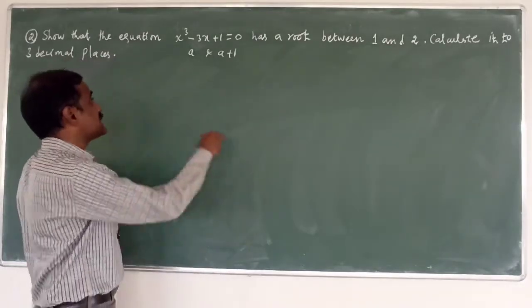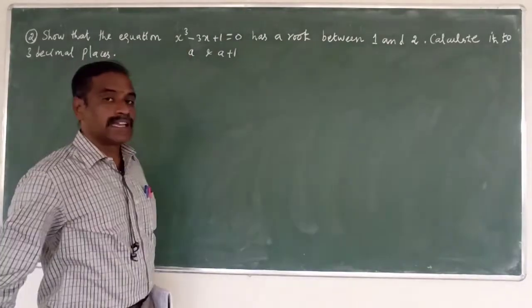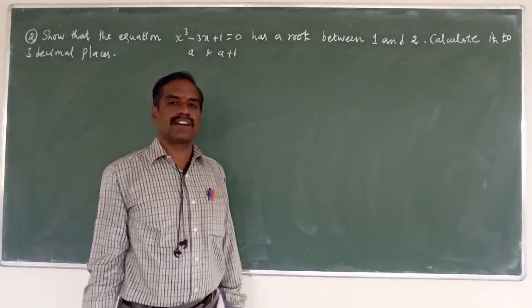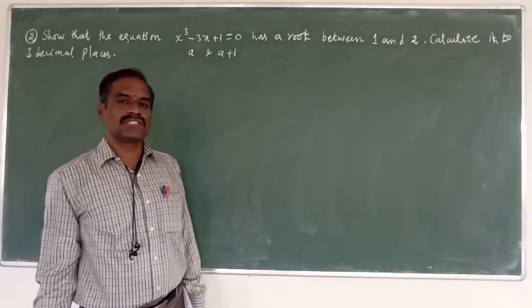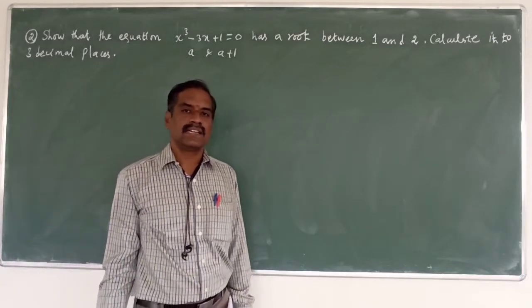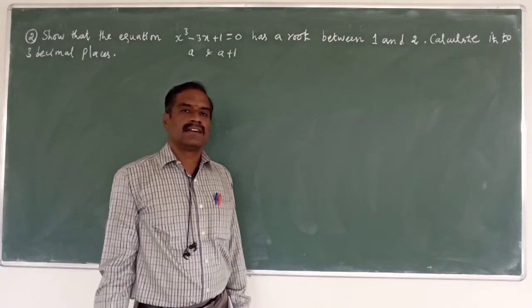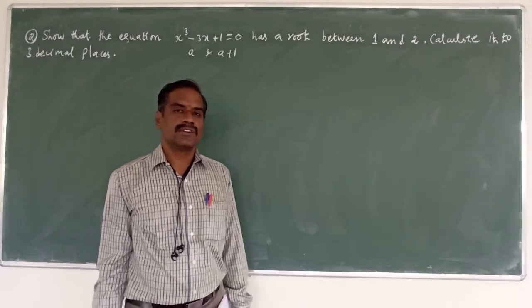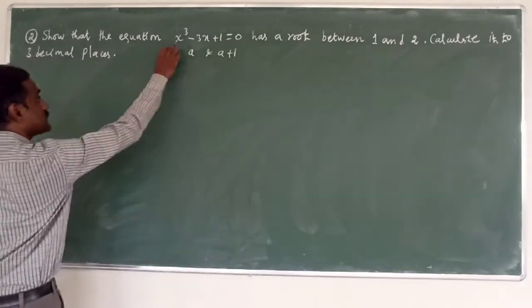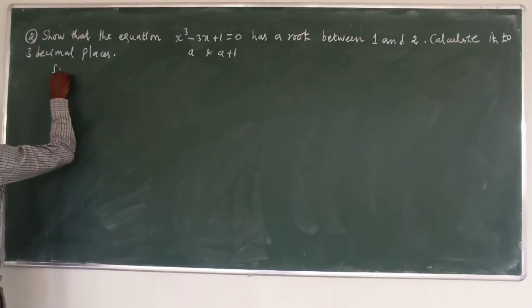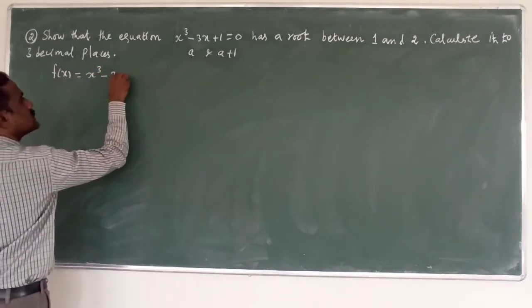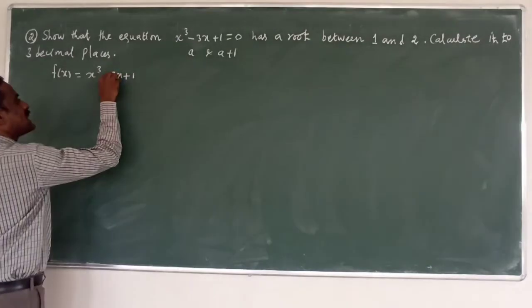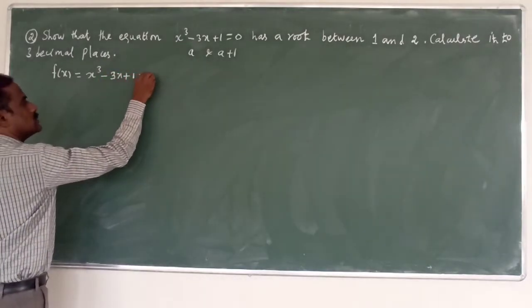Before that, we have to check that f of x equals 0, the given function equal to 0. If it is not equal to 0, we have to arrange the function in f of x equal to 0 format. Now here the given function f of x is x cube minus 3x plus 1 equal to 0.